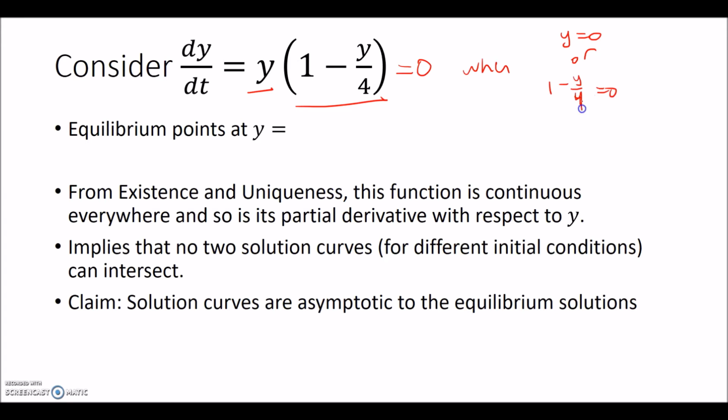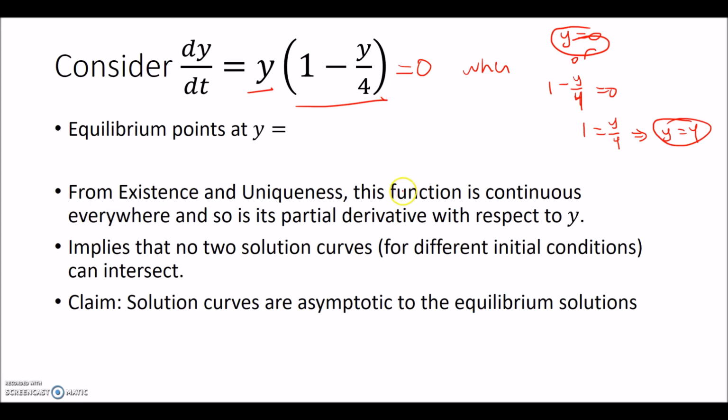This is considered a logistic differential equation, used often to model populations so that we have what are called carrying capacities. In this case, we have 1 equals y over 4, or y equals 4. So we have two equilibrium points, one at y equals 0, one at y equals 4.